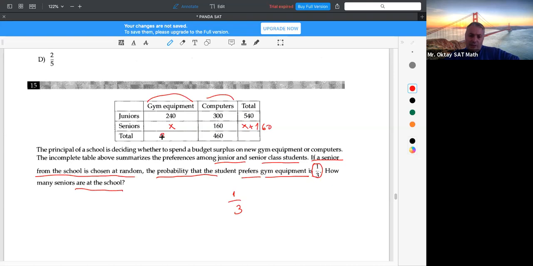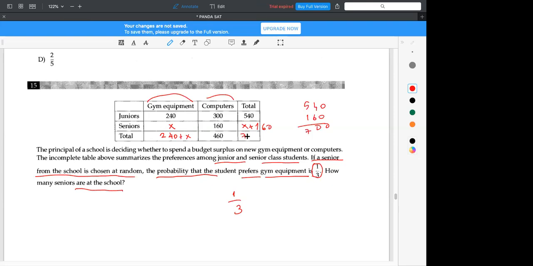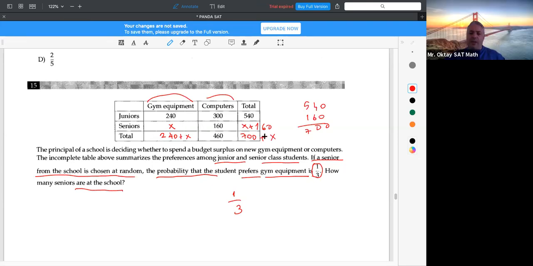If I say this, this will be 240 plus X. Sir, what if we do 0.33 times 240? Okay, one minute, in terms of X the table is okay.